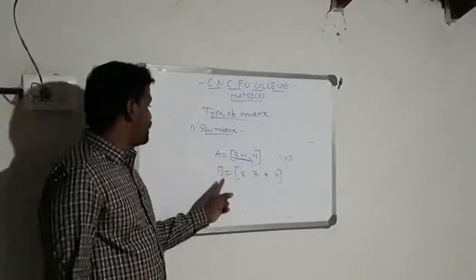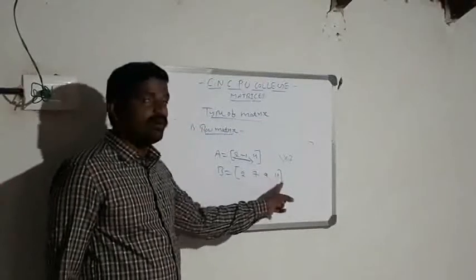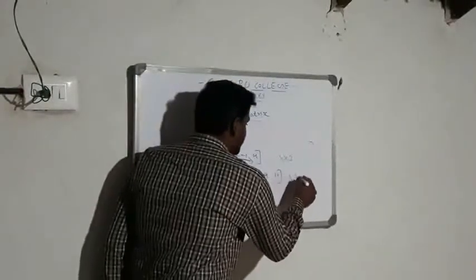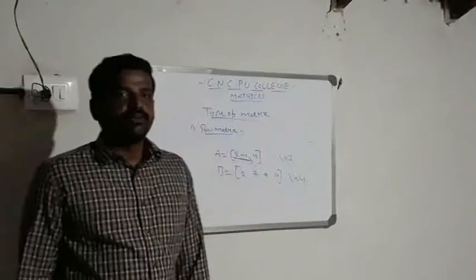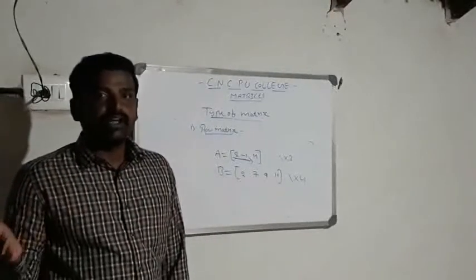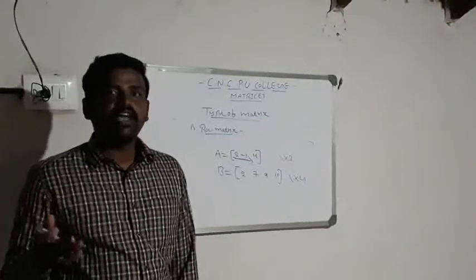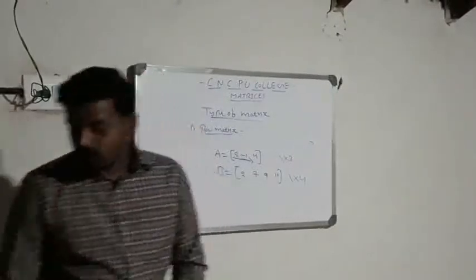Another example, B has only one row and 4 columns. The order of this matrix is 1 cross 4. Therefore, a row matrix is a matrix having only one row. It may have any number of columns. This is called a row matrix.